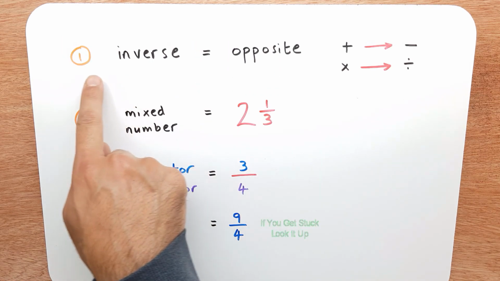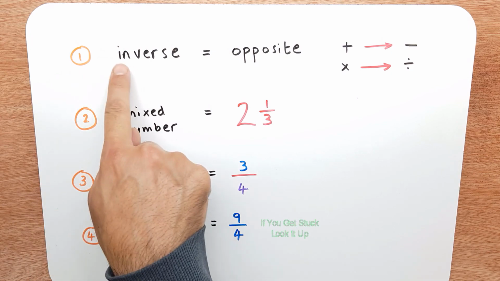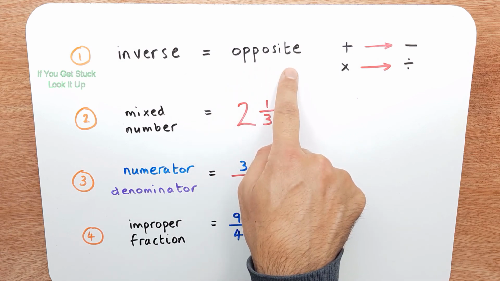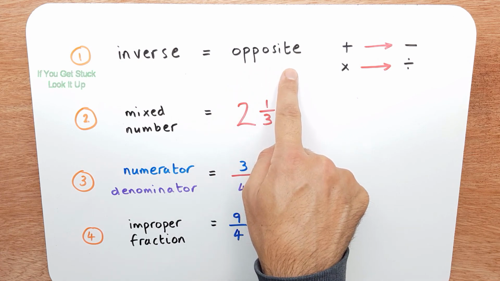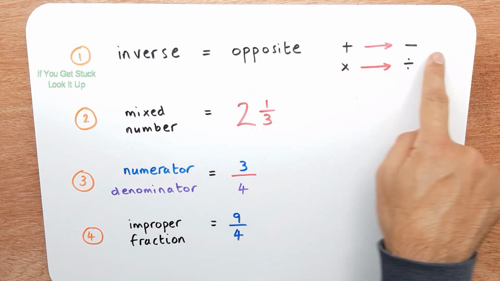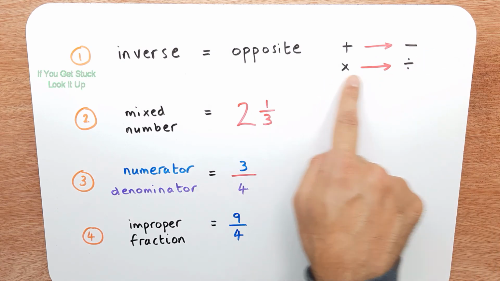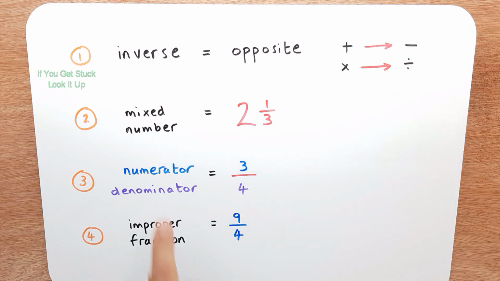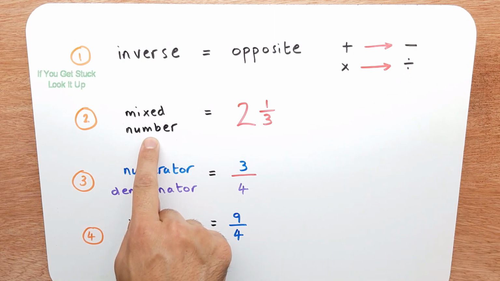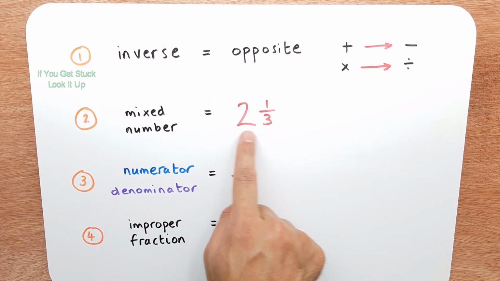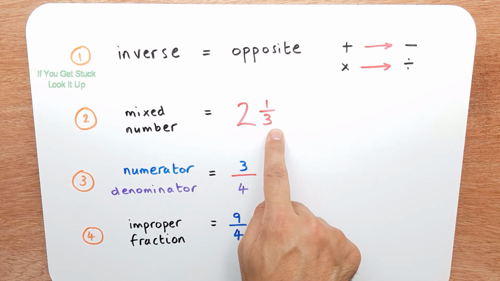Just before we finish, I want you to learn these few points. Inverse means opposite. And in this case, the opposite of a plus is a minus. The opposite of a times is a divide. A mixed number is a number like this, where you have the whole part and the fraction part.